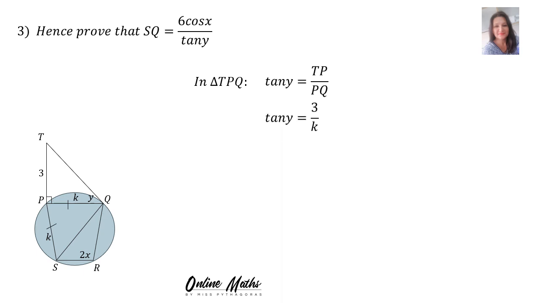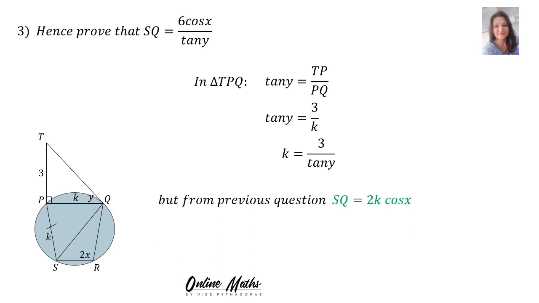Then in TP's place I can substitute 3, it was given, and in PQ's place k, that was also given. And now I can make k the subject of the formula. Therefore k is equal to 3 over tan y.